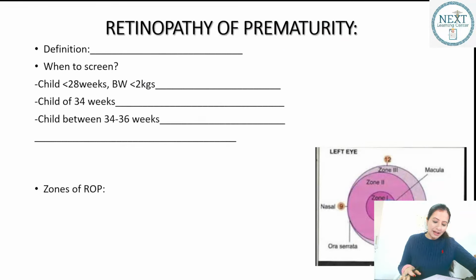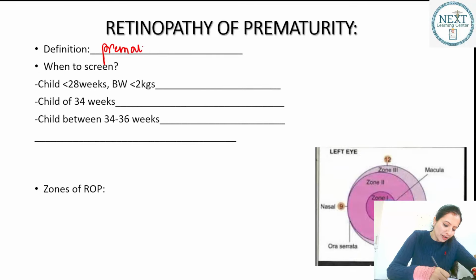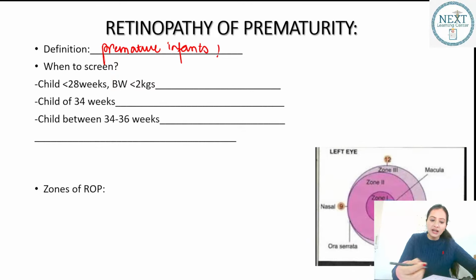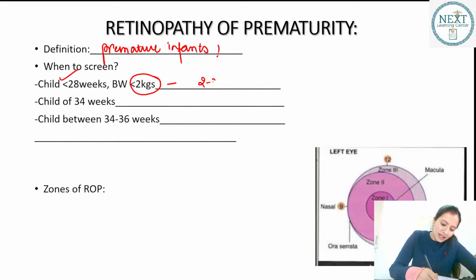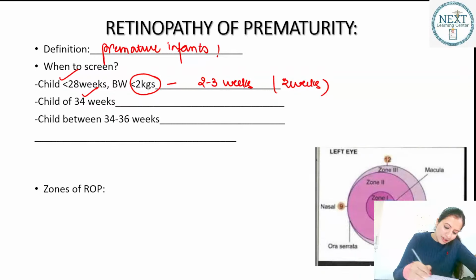Now talking about retinopathy of prematurity, we know this is the retinopathy that occurs in premature infants. Now when to screen? For a child who is less than 28 weeks and birth weight is less than 2 kgs, you are going to screen the child at 2 to 3 weeks. If you ask me precisely, I'll say 2 weeks. For a child of 34 weeks, you will screen the child at 4 weeks.